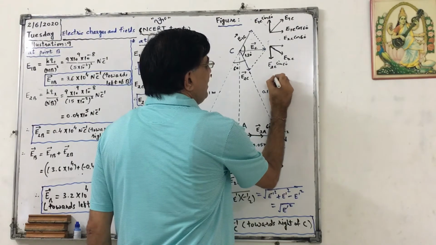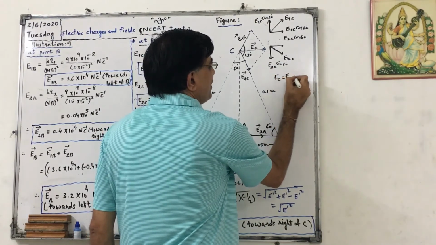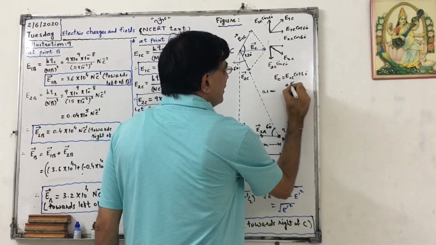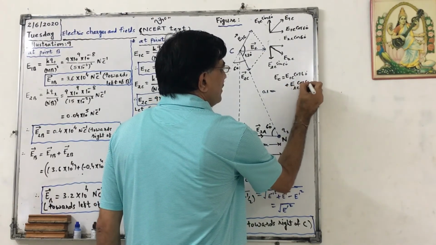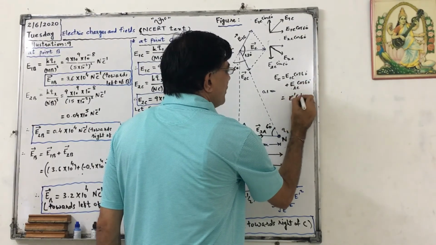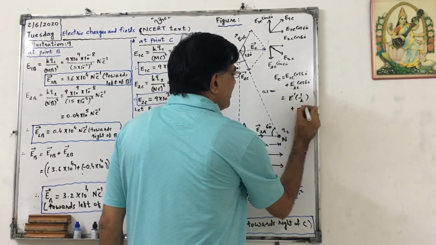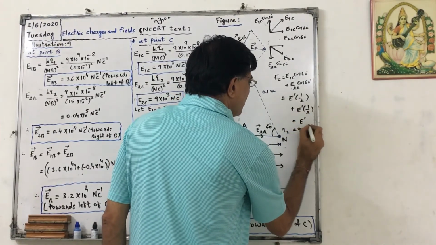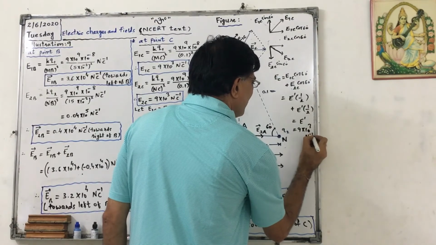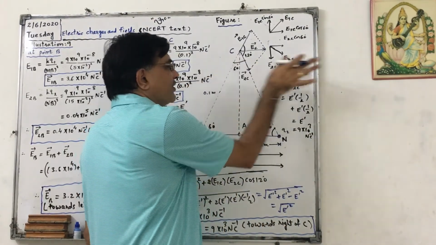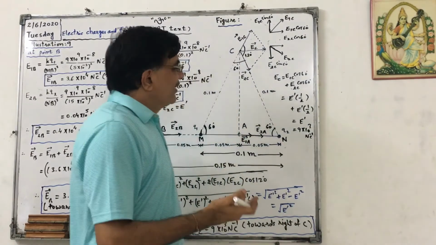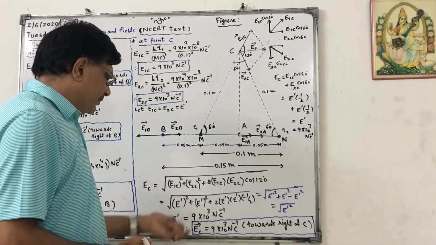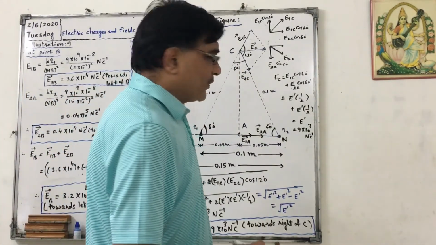So finally E at C equals E1C cos 60 plus E2C cos 60. This can be written as E dash into 1 by 2 plus E dash into 1 by 2. So it is E dash, that is 9 into 10 raised to 3 Newton per Coulomb, and the direction is towards right of C. So you can calculate by either way. This is the simple method. This is given in the textbook. Okay, bye.